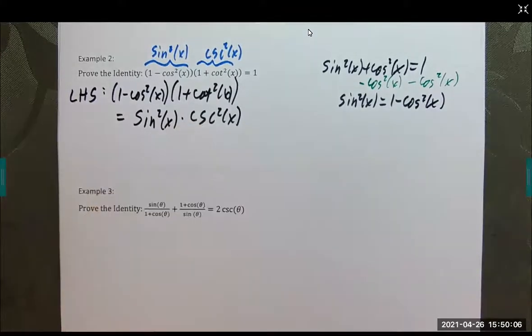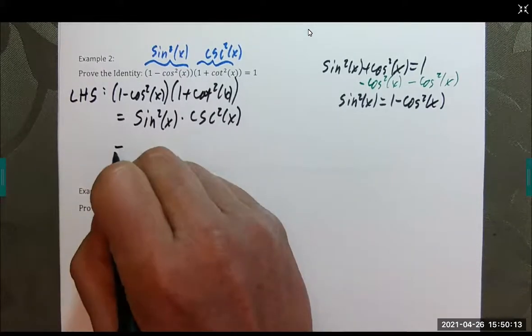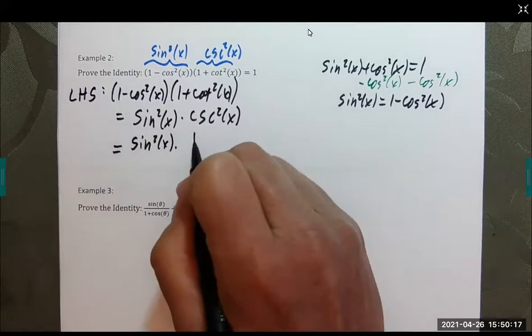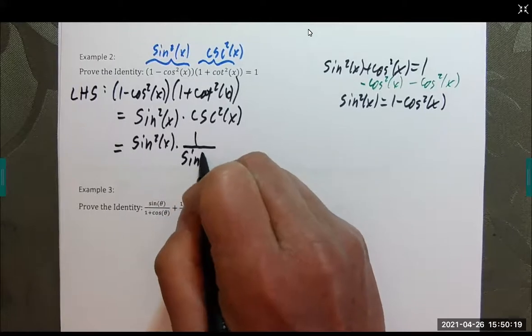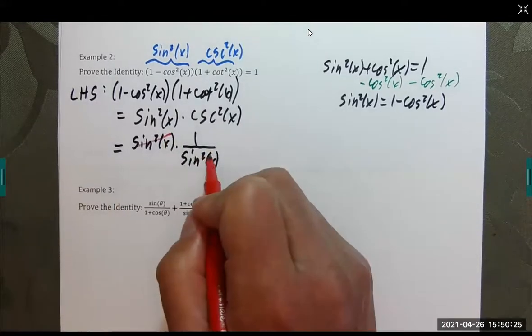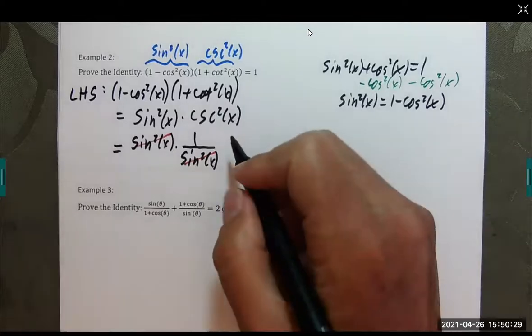And I'm going to do my trick again where I want to break it up into sine and cosine. And I know cosecant is 1 over sine. So this becomes sine squared x times 1 over sine squared x. We can now see the sine squared x's reduce out. We're left with 1. There it is.